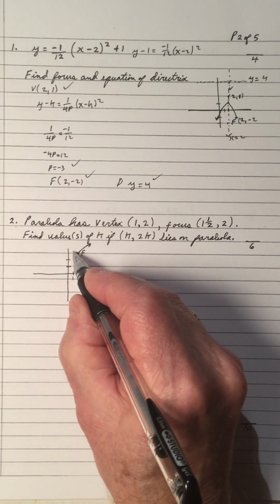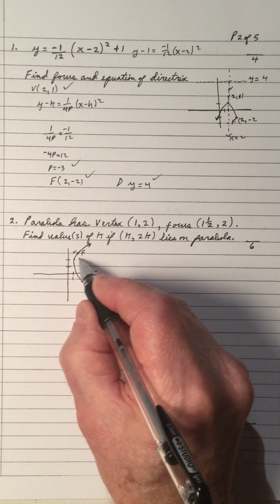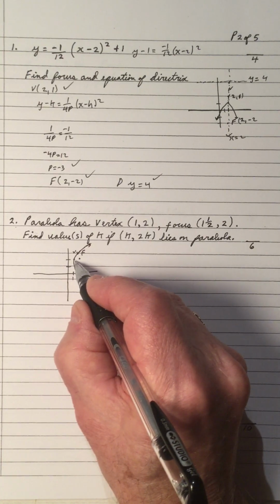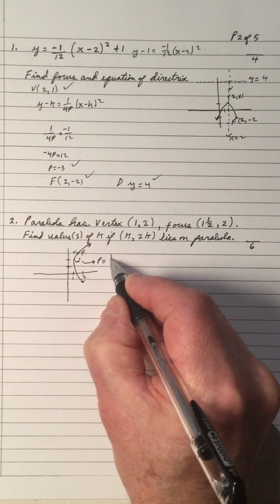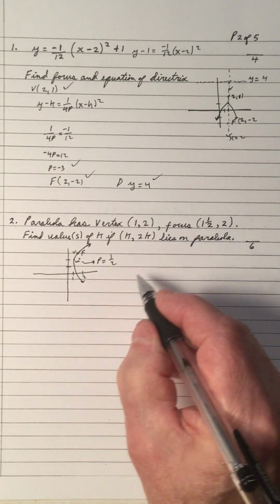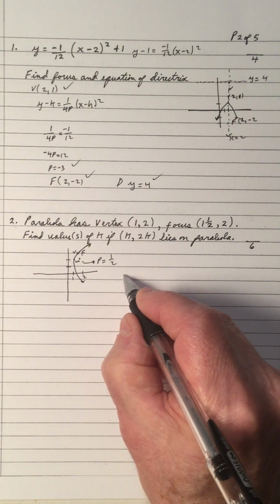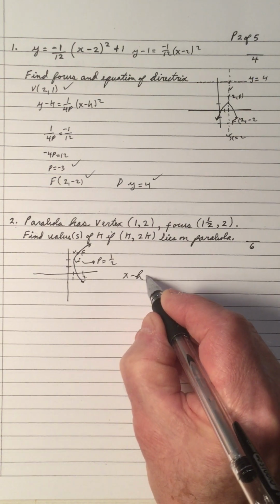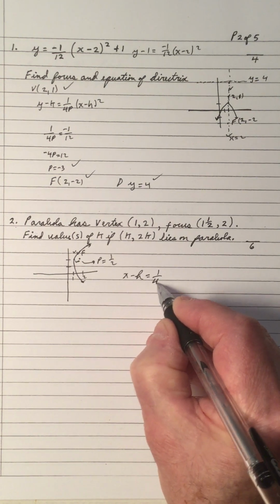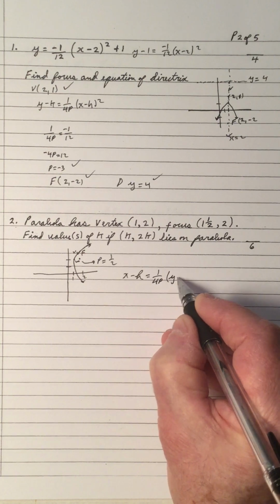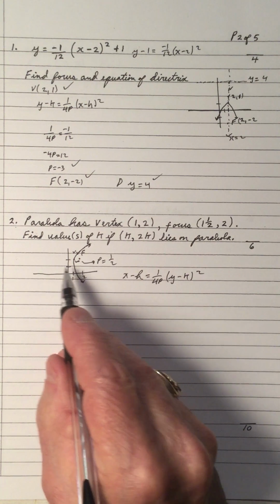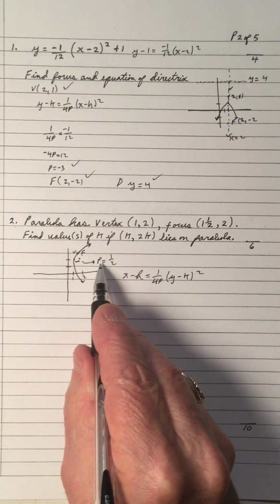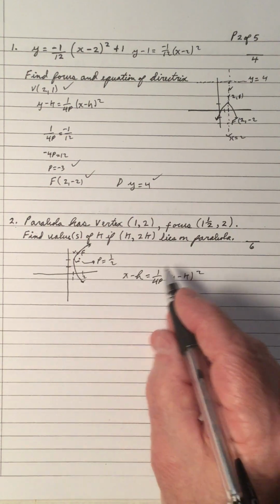And if that's the vertex, and that's the focus, this distance right here is p. So p is 1/2. Because the parabola is going sideways, it's x minus h is 1 over 4p times y minus k squared. And notice that p is positive, so it's opening to the right.